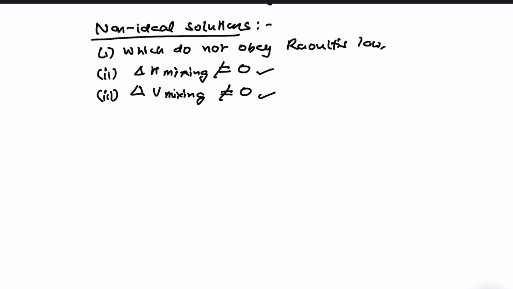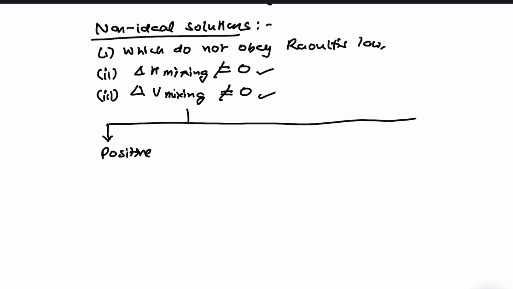Since they can be greater than or less than, we can have two types of non-ideal solution. First, those which show positive deviation from Raoult's law, and the second, those which show negative deviation from Raoult's law.